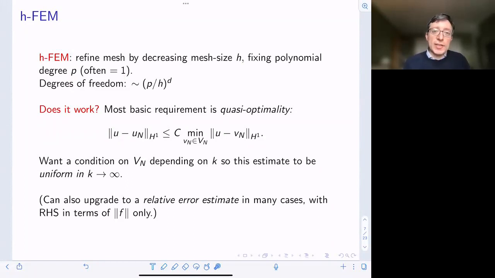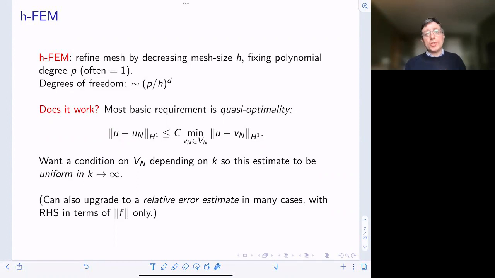In costing that out and figuring out how much work that's going to involve, it's useful to keep track of the number of degrees of freedom for the finite dimensional problem. If you cost it out, that's p, the polynomial degree, divided by the mesh size to the dimension. That's roughly how big it is. So that's the finite element method. The next question you might ask is, does it work?